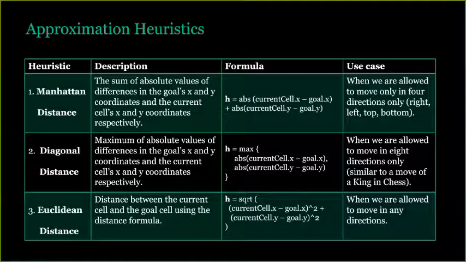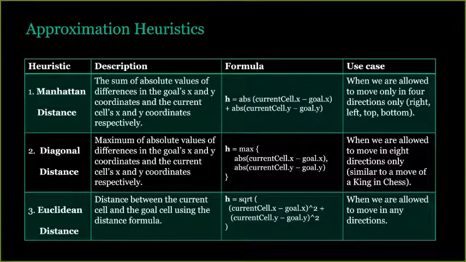So here we have three types of approximation heuristics, and the use cases they are best matched for. The first one is Manhattan distance, and it's nothing but the sum of absolute values of differences in the goal's x and y coordinates and the current cell's x and y coordinates respectively.